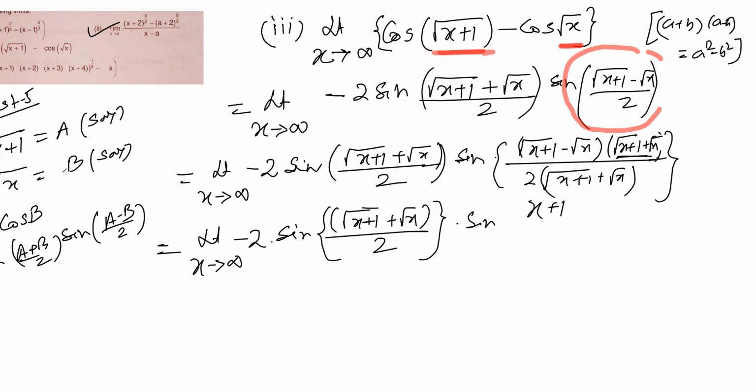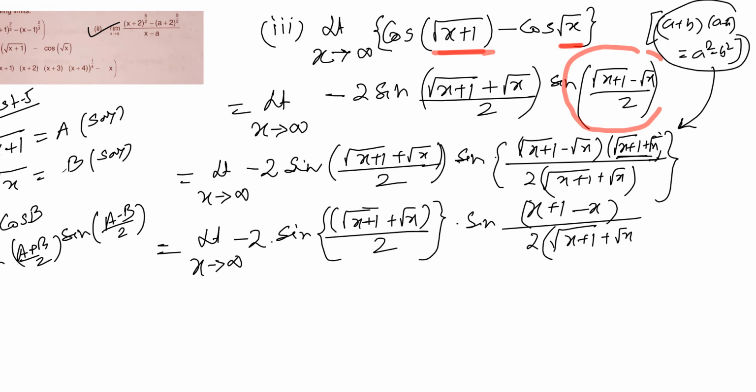So this particular formula we have used over here. So it comes down to x plus 1 minus x, and the lower portion comes down to 2 into within bracket (root over of x plus 1 plus root x). Now this x will be deleted. Then let's see what remains.